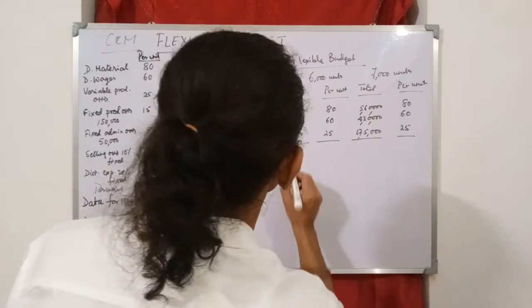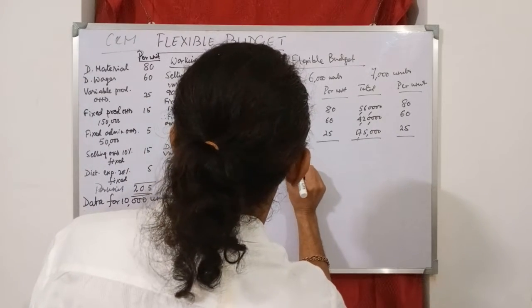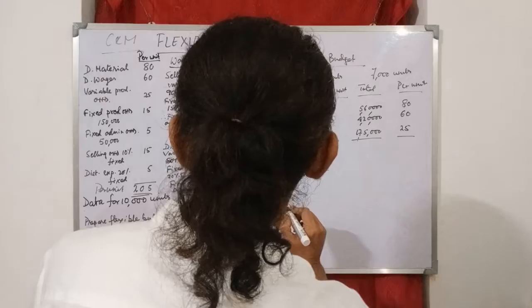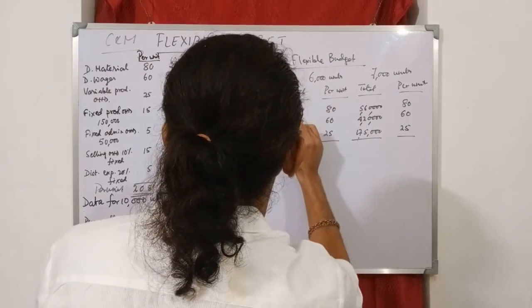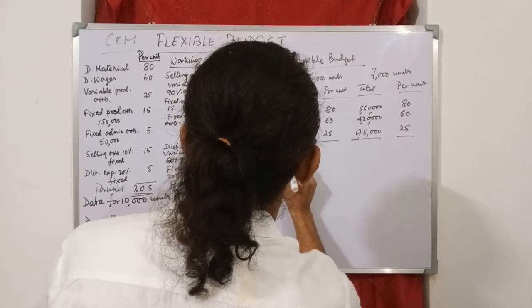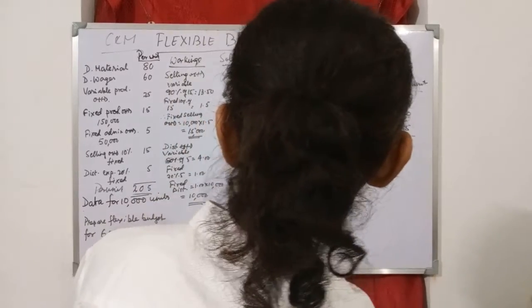So we add up these three. These three means direct material, direct wages and variable production overhead. So here it is 234,000.